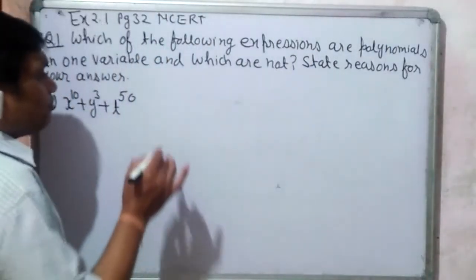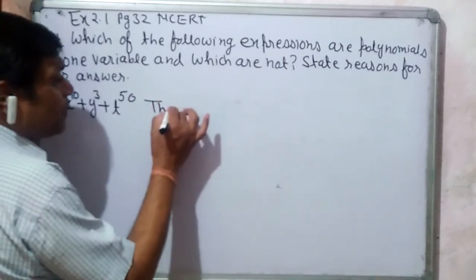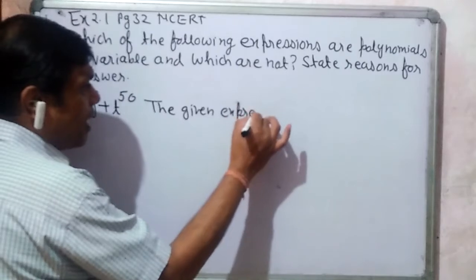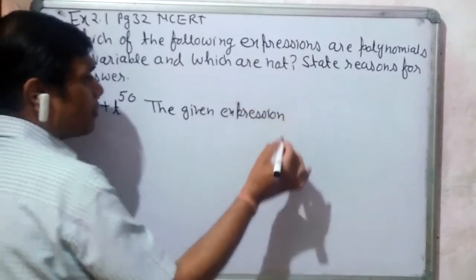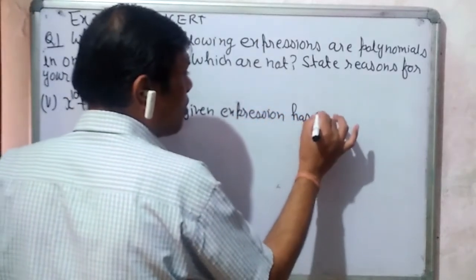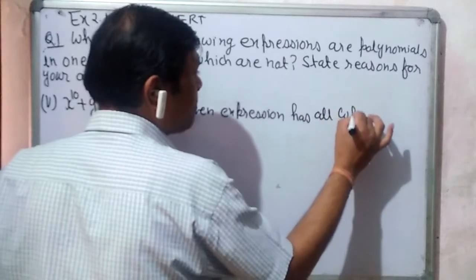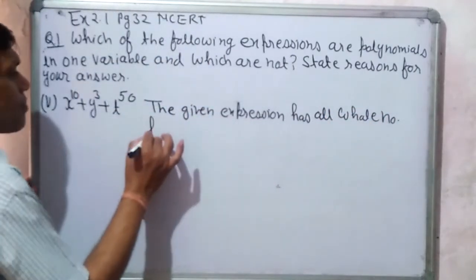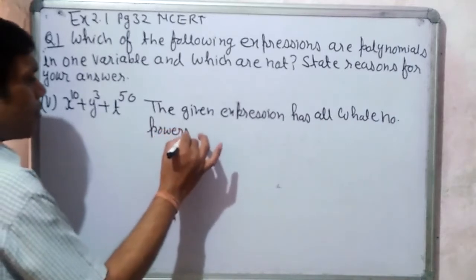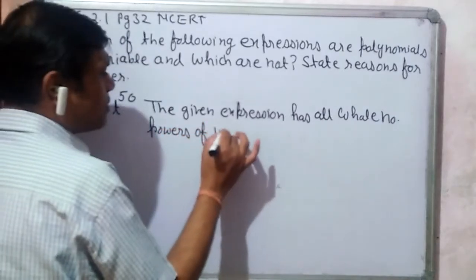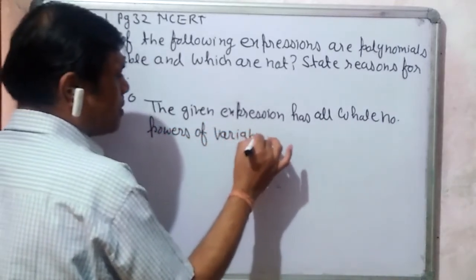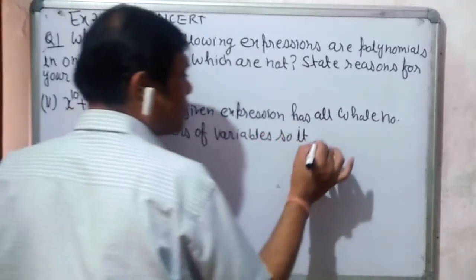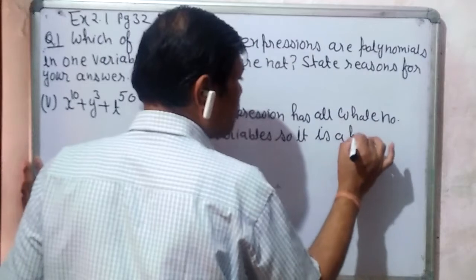So, what will we write? The given expression has all whole number powers of variables. So it is a polynomial.